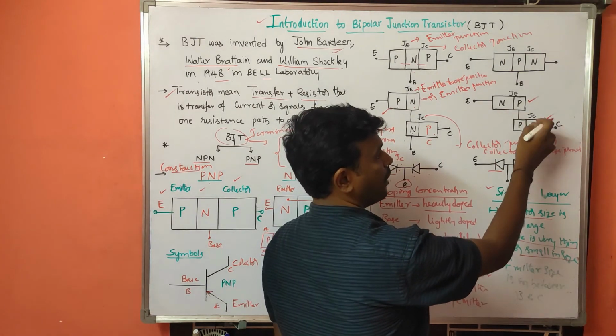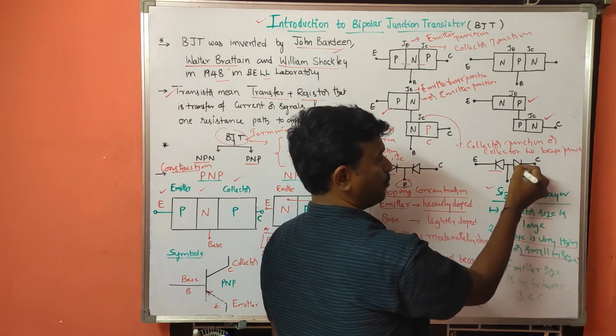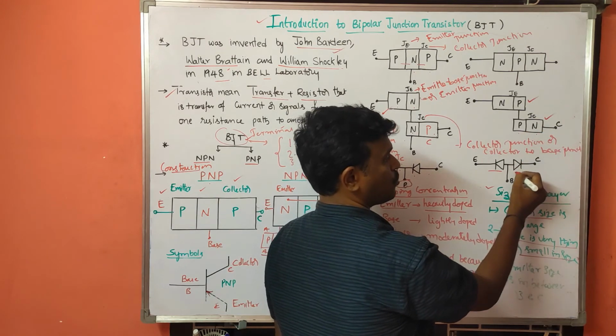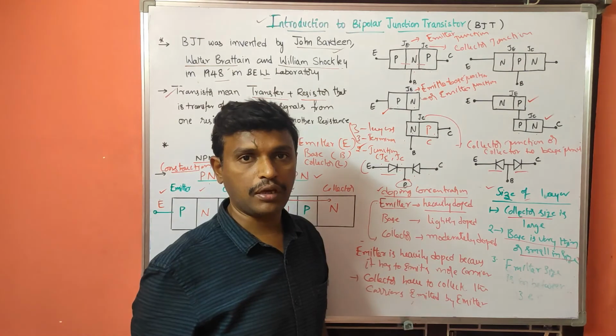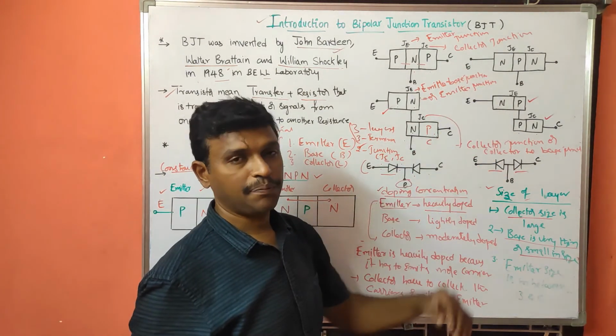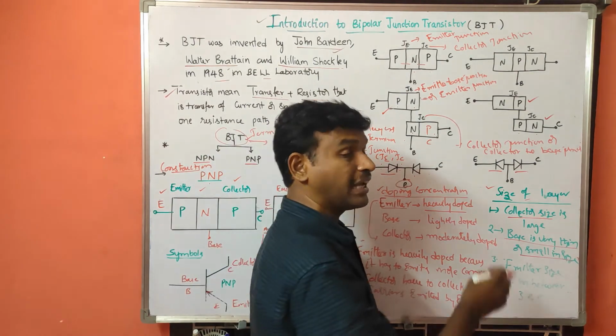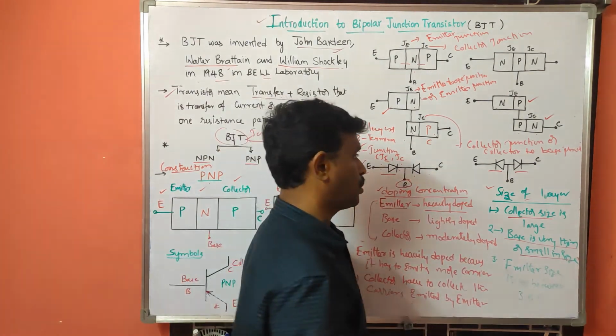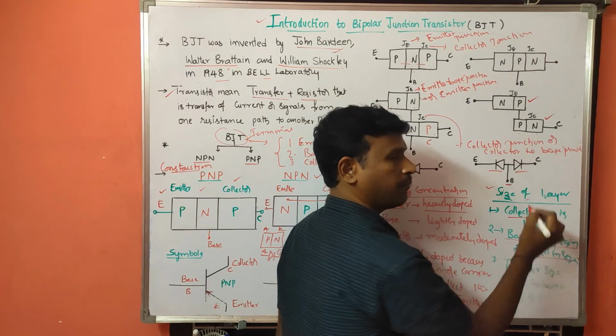And here we have another one, P and N, where P is anode and N is cathode, so I have represented that. This is the back-to-back representation of our NPN transistor in the two diode model. Here we have the base in the middle.